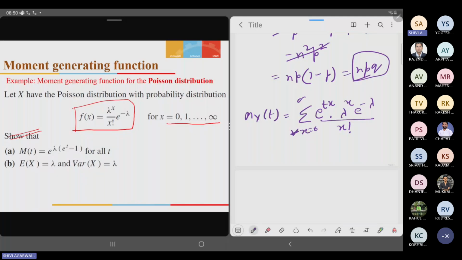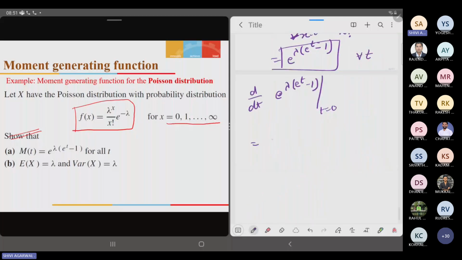When we simplify it, it will become e^(λ(e^t - 1)), for every value of t. So that will be the moment generating function for the Poisson distribution. When we differentiate it, d/dt of e^(λ(e^t - 1)), and put t equal to 0, the differentiation becomes λ e^t, multiplied by e^t into e^(λ(e^t - 1)).